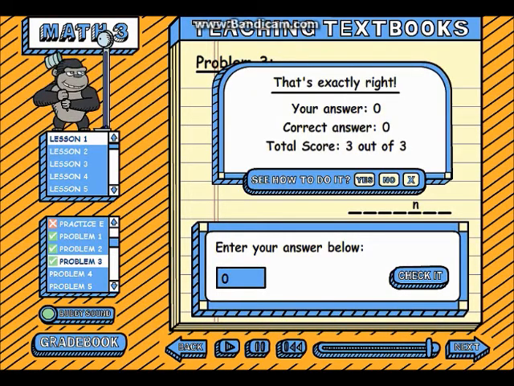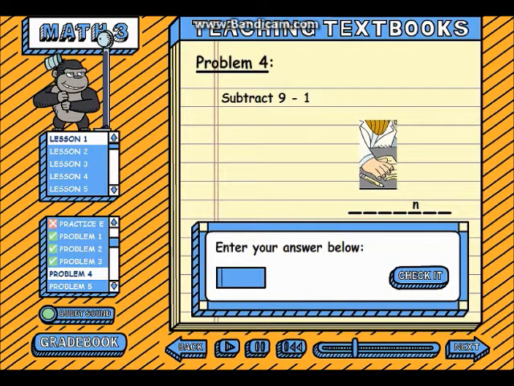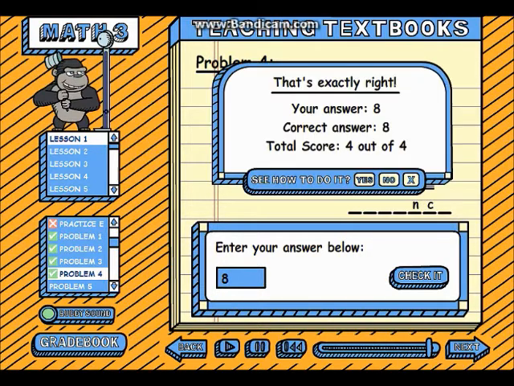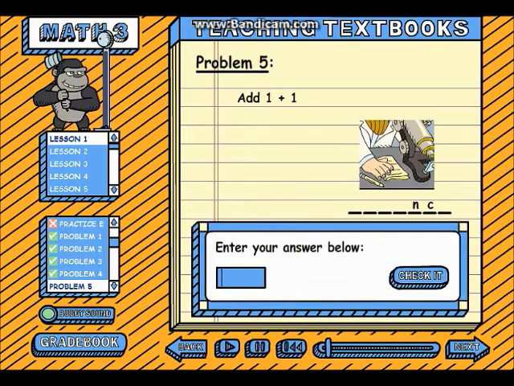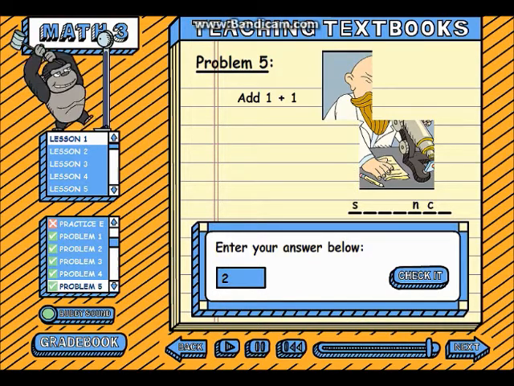Perfect. For this problem, subtract 9 minus 1. Excellent. On this one, add 1 plus 1. You got it.